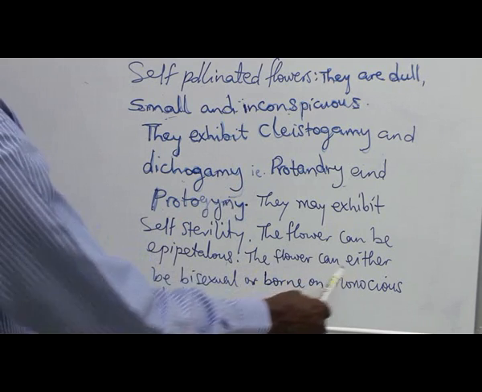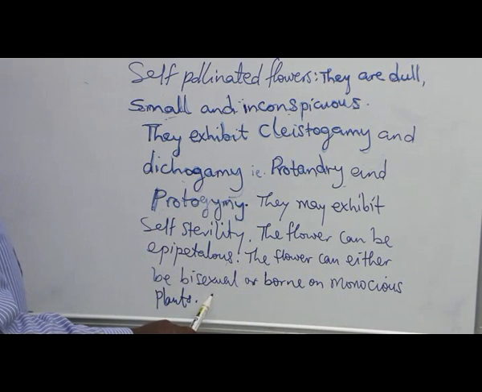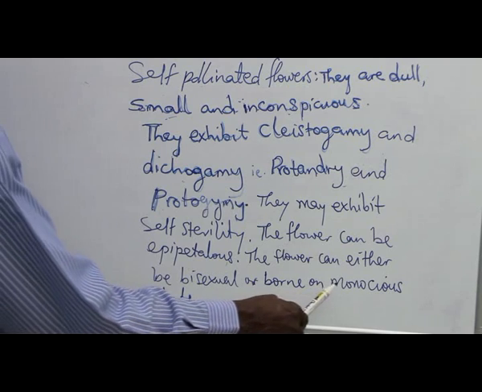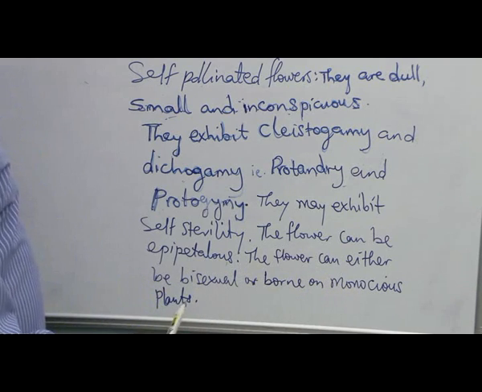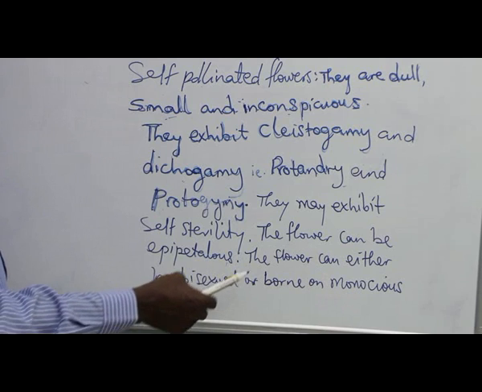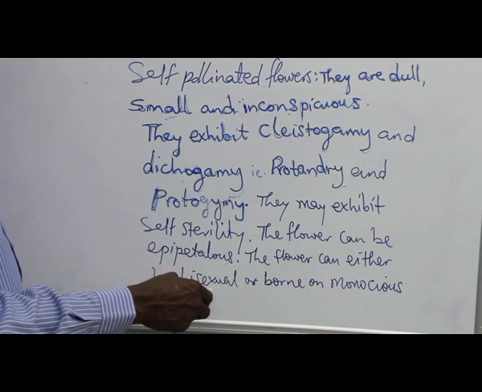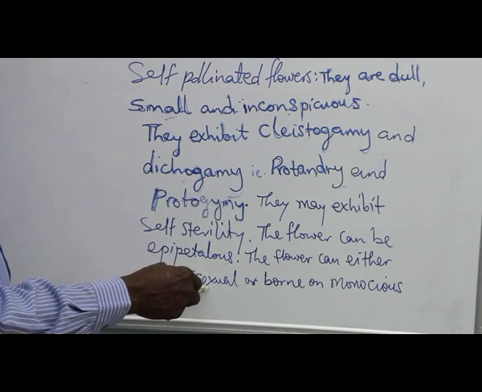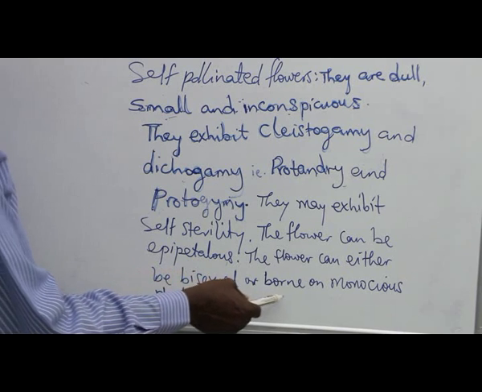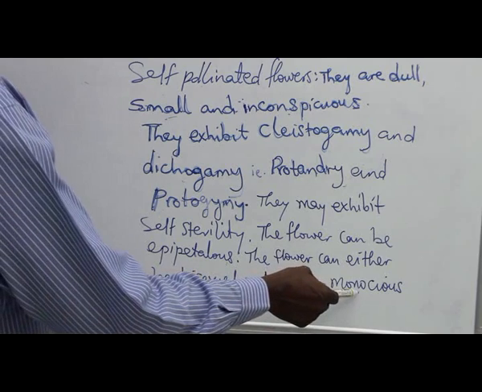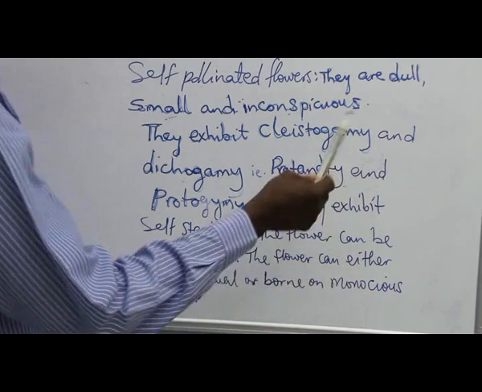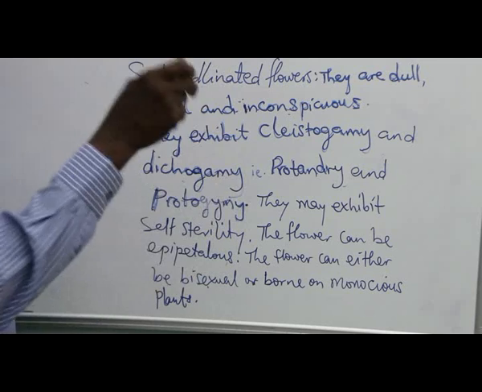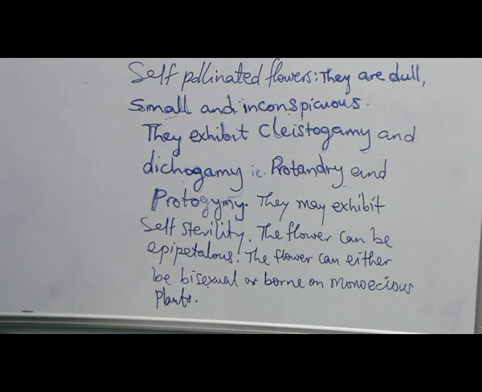The flower can either be bisexual or borne on monoecious plants. In other words, it's bisexual if both male and female reproductive structures are in the same flower. And if the flowers are borne by the plant, that is, the plant is bearing male and female flowers at the same time, such a plant is monoecious.